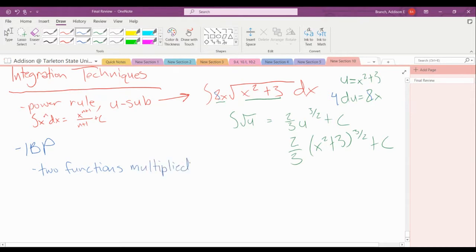That's usually the pretty easy sign for integration by parts. You may get one where you have one function and you can do that function times 1 dx, but usually you'll have two functions.